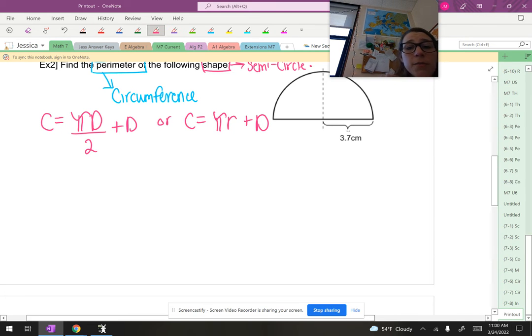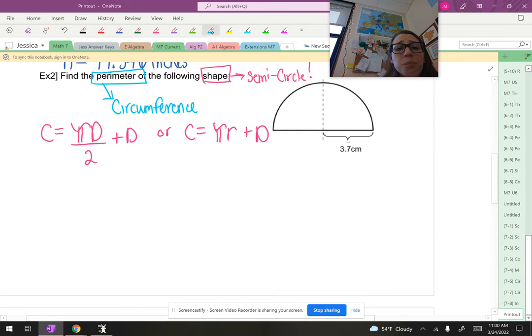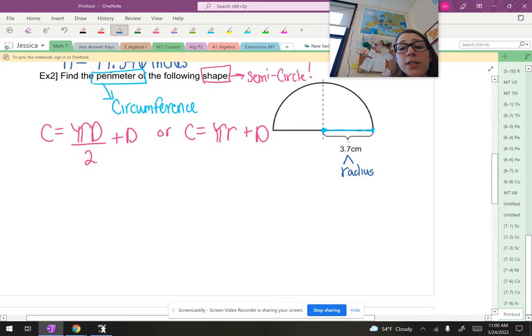So, noticing with my diagram here, they're giving me from here to here, this distance is 3.7, meaning that 3.7 that I have is my radius. If my radius is 3.7, I can very easily use that to find my diameter, because from here to here is also 3.7.